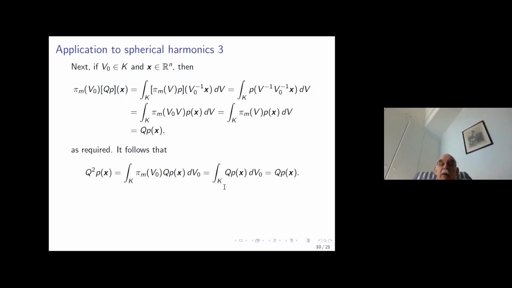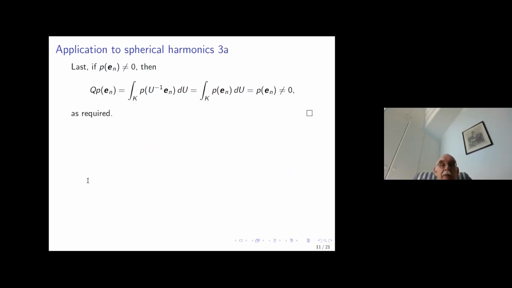I've normalized my Haar measure to have mass 1, so this is just QP of x. So that says that Q is indeed a projection.